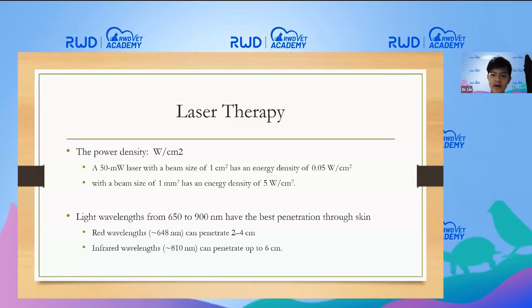Lower wavelengths are absorbed by melanin and hemoglobin, and wavelengths longer than 900 nanometers are absorbed by water. With a well-focused laser beam, red wavelengths can penetrate 2 to 4 centimeters beneath the skin surface, and infrared wavelengths can penetrate up to 6 centimeters.